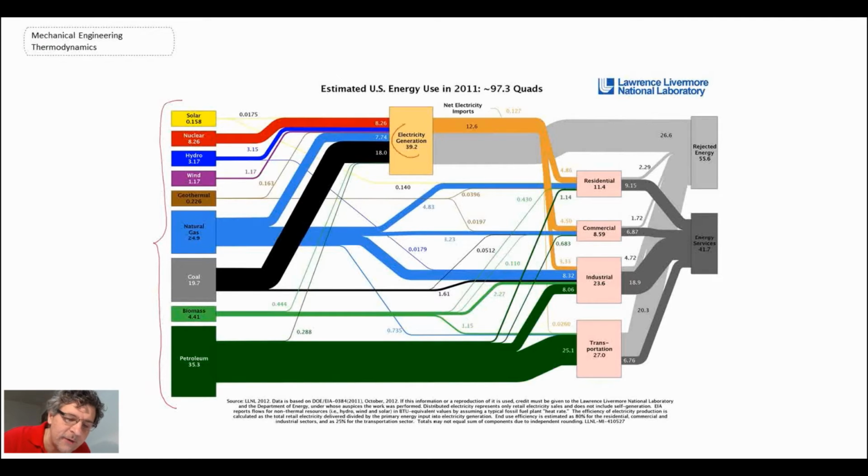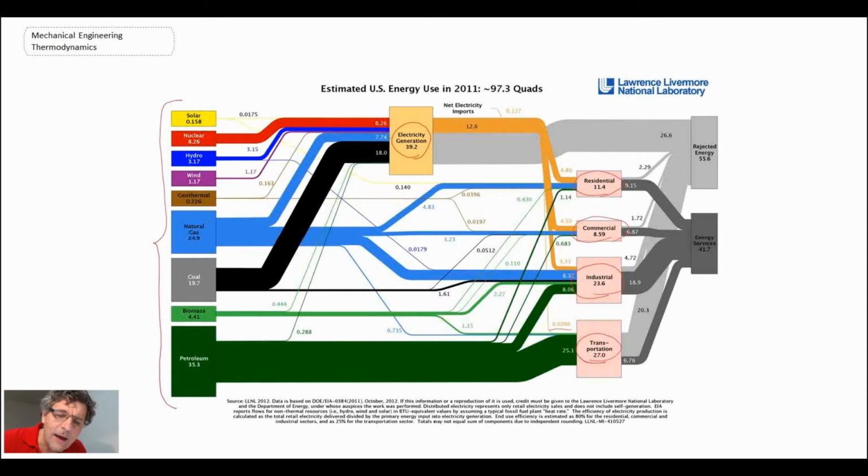So either we generate electricity with the energy, and then where is that energy going to go? Well, some of the electricity that is generated goes into residential, some goes to commercial, some goes to industrial, and a very, very small fraction will go into transportation. That would be things like the Tesla car or the Volt plug-in hybrids, cars like that.